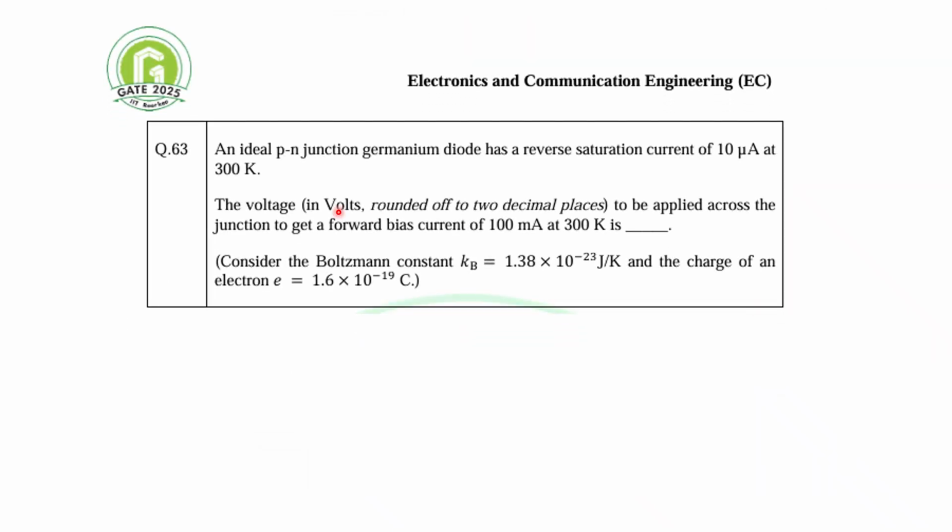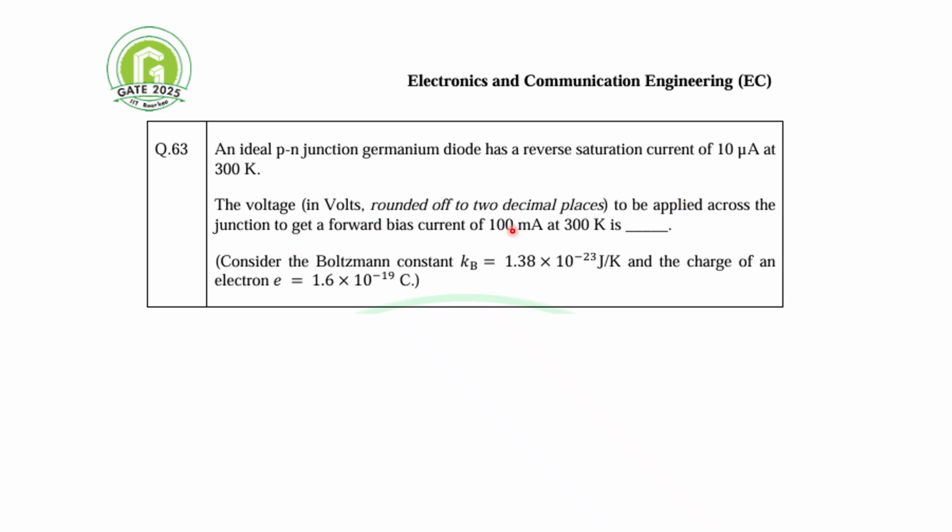The question is: an ideal PN junction germanium diode has a reverse saturation current of 10 microampere at 300 Kelvin. So there is a germanium diode with reverse saturation current Is equal to 10 microampere.